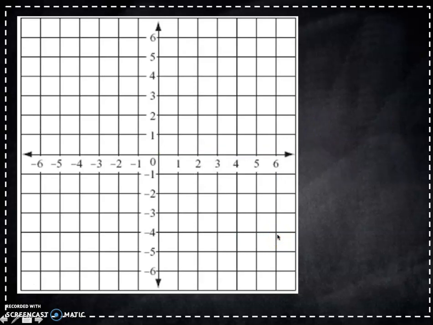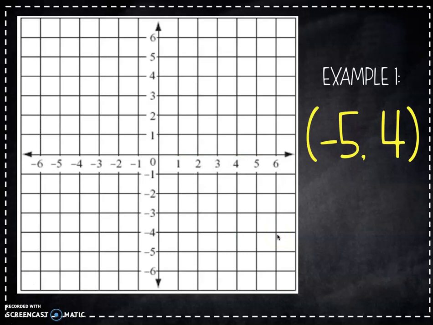All right, last one we're going to look at all together is example -5, +4. So again, we always start at the origin. And from the origin, our x-axis says to go to -5. So we're going to go left 5 spaces.